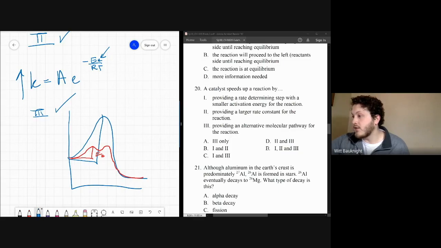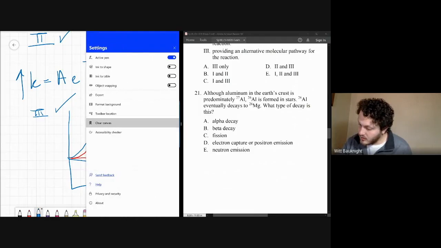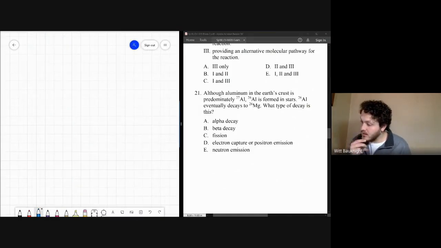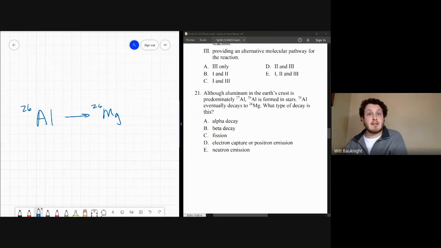All right. So for 21, we're saying that there's something about Earth's crust, stars, whatever. Well, what's important to note is that we're talking about Al26 decaying to Mg26. Now, according to our periodic table, Al has an atomic number of 13.